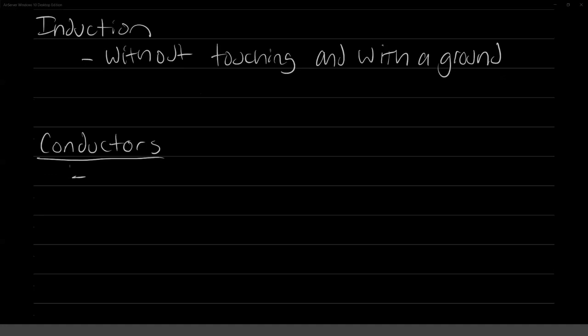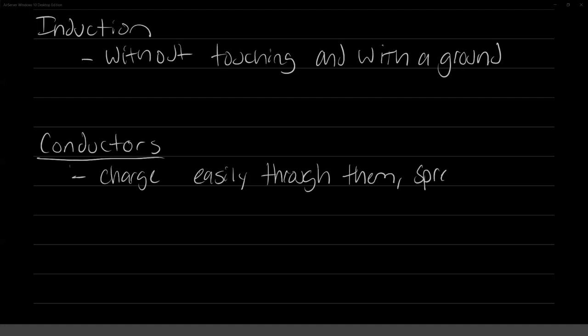Basically, conductors conduct electricity, or in other words, electric charge easily passes through them, as well as spreads evenly. So when we talk about plate capacitors, that whole plate is getting the same amount of charge because it spreads evenly across the plate, because it's a conductor.